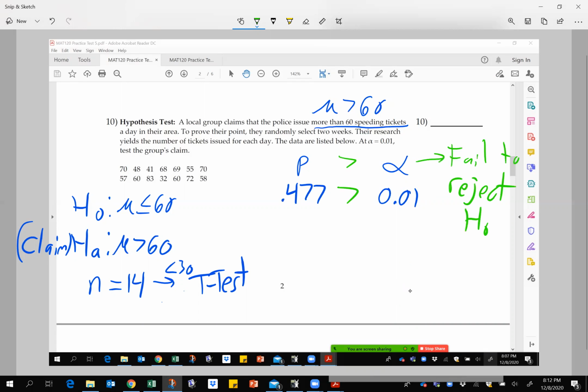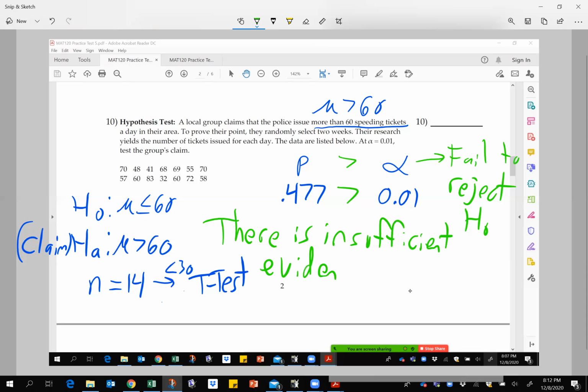Because we failed to reject the null, the sentence will begin with, there is insufficient evidence to, and now for the second half of the sentence, we need to see which hypothesis was the claim.